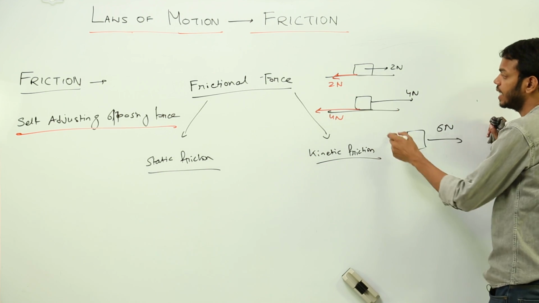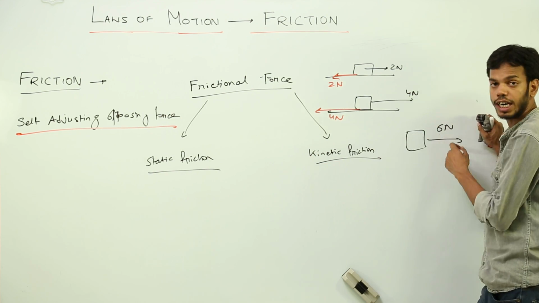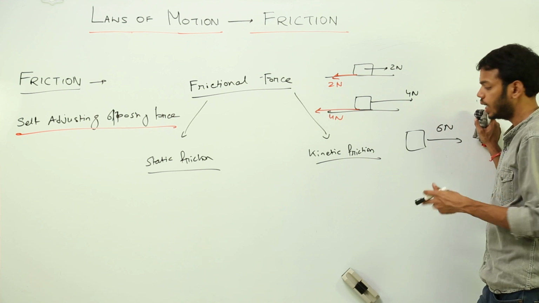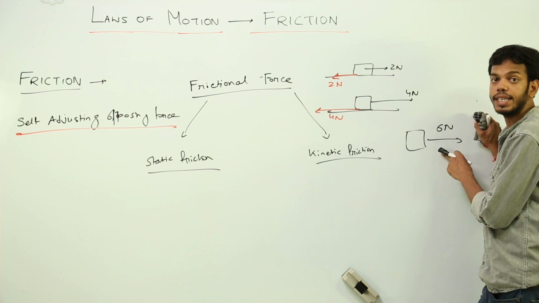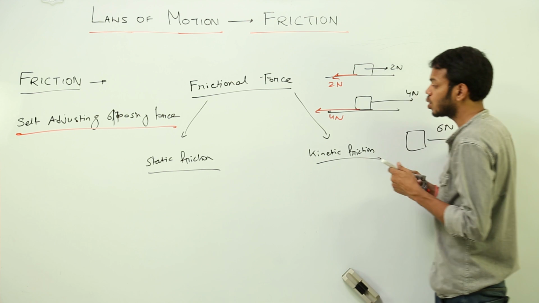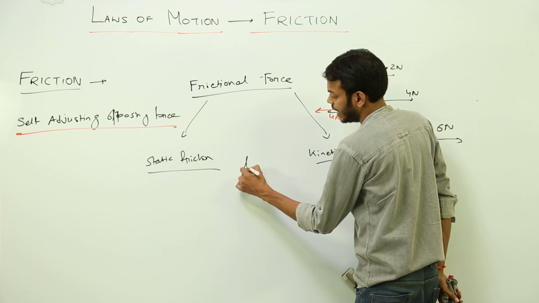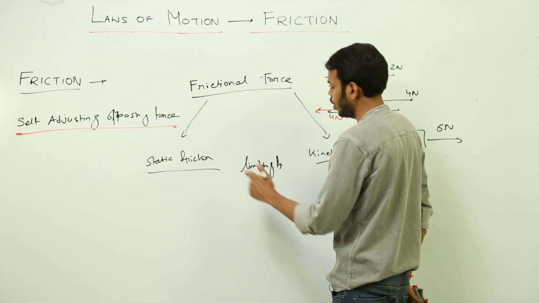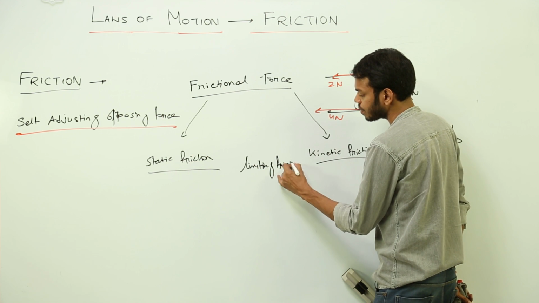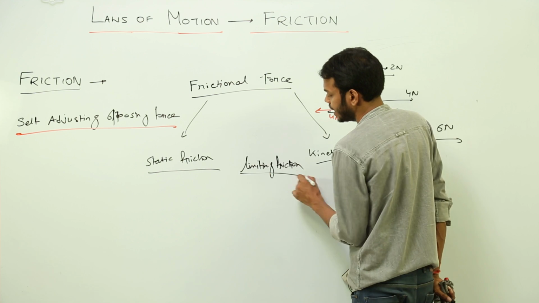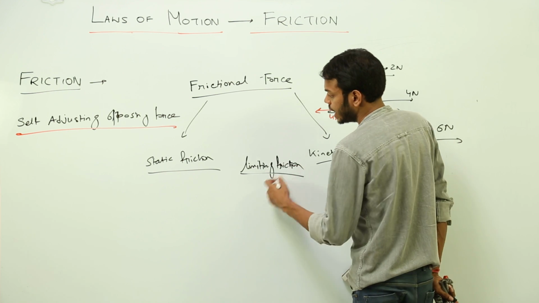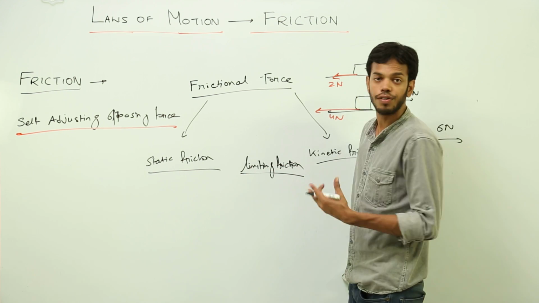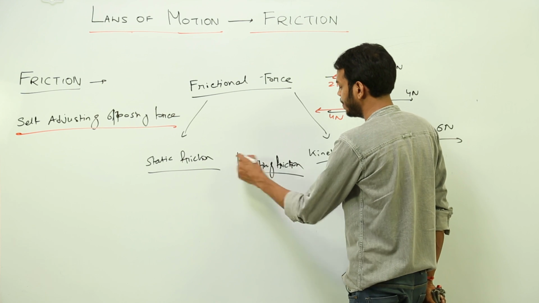As I said, suppose at 6 newtons the body starts moving. That means at 6 newtons all these bonds got broken, and the body started moving. So this is called limiting friction, the third part. Limiting friction is the highest value of static friction, and this is sometimes also known as limit of static friction, but generally it is known as limiting friction.